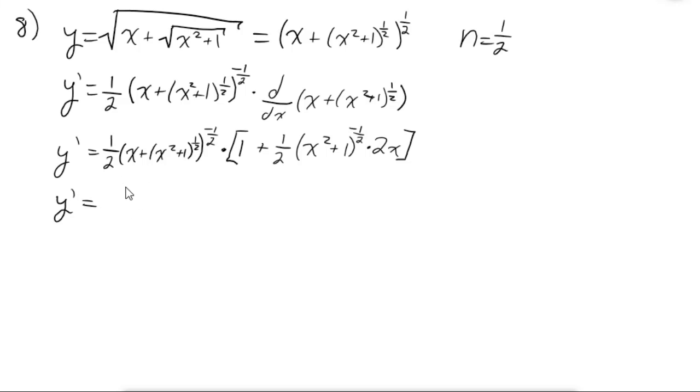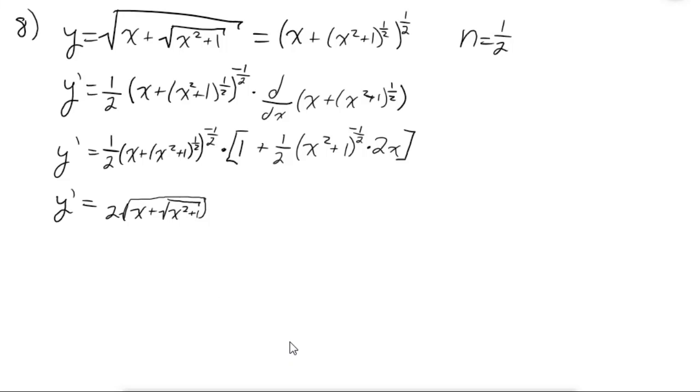So I will rewrite this as a fraction as I said I was going to. I'll start with the bottom. So that's 2 times x plus the square root of x squared plus 1, and all of this is under an additional square root.